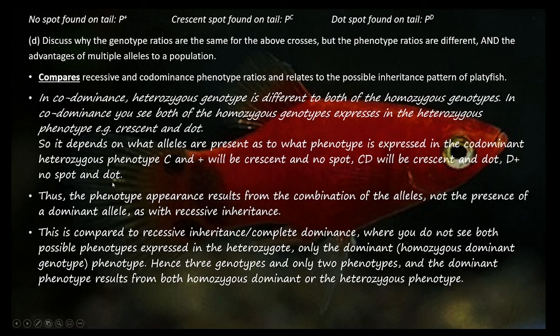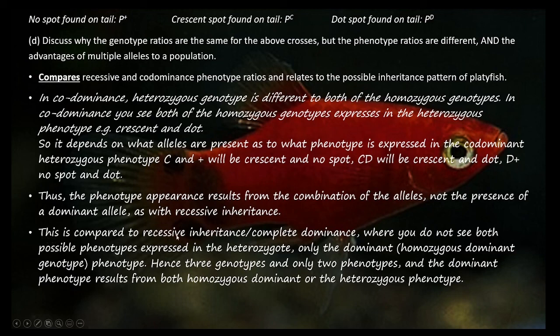We go on, we say, so the phenotype appears as a result of the combination of the alleles and not the presence of a dominant allele, as with recessive inheritance. So in other words, they are both dominant at the same time, but being expressed in different areas of the animal. That is how I would have answered this question.